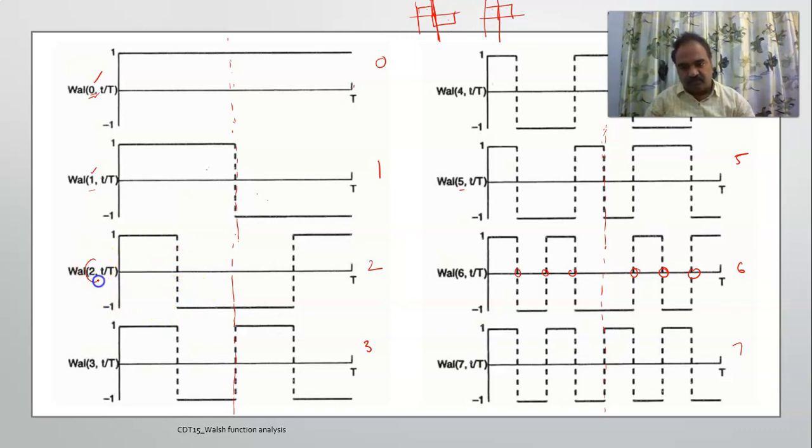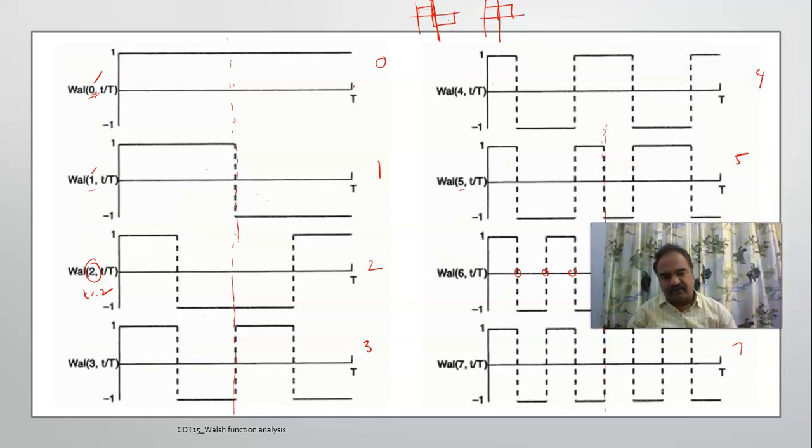This is 2, right? k equal to 2. Now I'll consider k equal to 4. Looking at k equal to 2 and k equal to 4, k equal to 2 is just like if I divide it into four quarters: the first quarter is positive, second quarter negative, third quarter negative, fourth quarter positive, right?